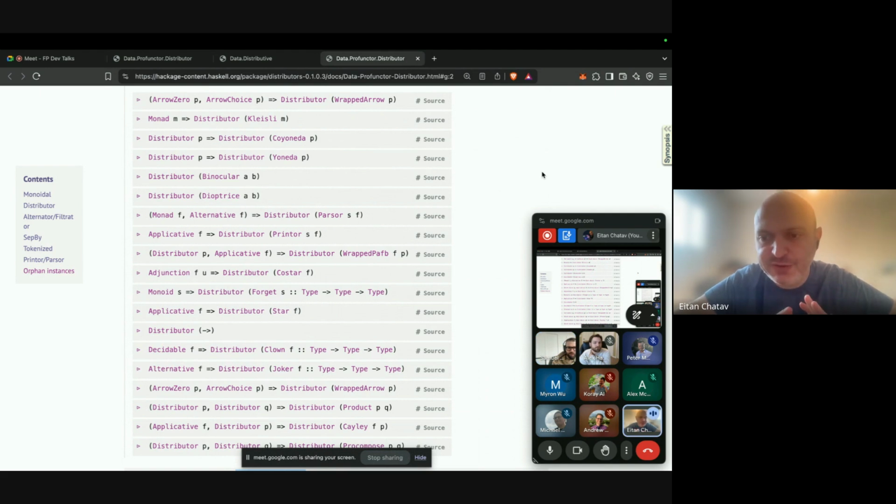We don't need partiality for distributors. Distributors can be total. That's a very, very important point. So arrow choice will imply distributor. Arrow 0 and arrow choice. I don't think this should have been arrow plus. I think I need to change that.